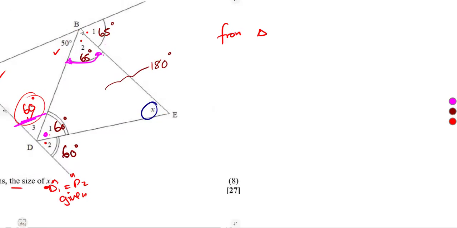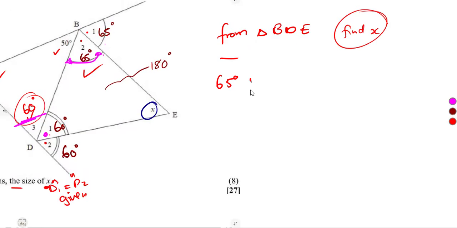Triangle BED or BDE, whatever way you name it, find X. Angles in a triangle add up to 180. So the 65 degrees plus the 60 degrees at D1 plus the X degrees at E must give us 180 degrees.